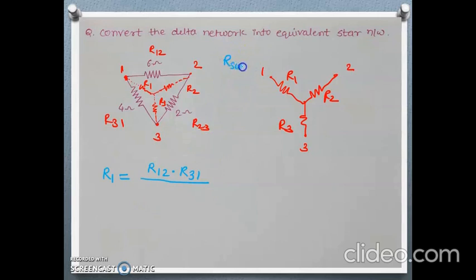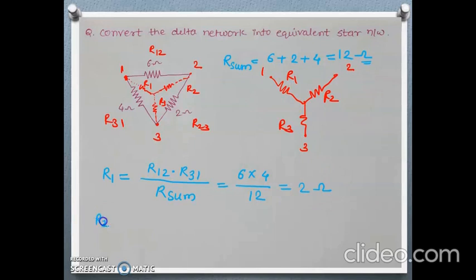R sum is equal to R12 plus R23 plus R31, which is 6 plus 2 plus 4, that is 12 ohm. So R1 is equal to R12, 6, into R31, 4, divided by R sum, 12, which is nothing but 2 ohm. So the value of R1 is 2 ohm.